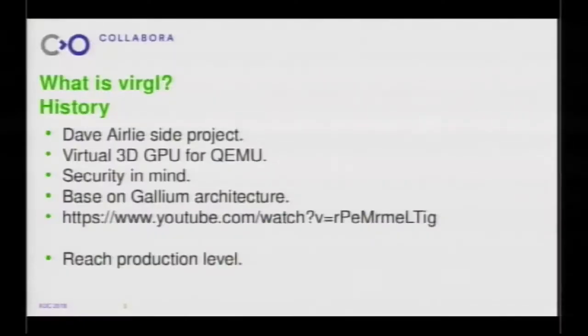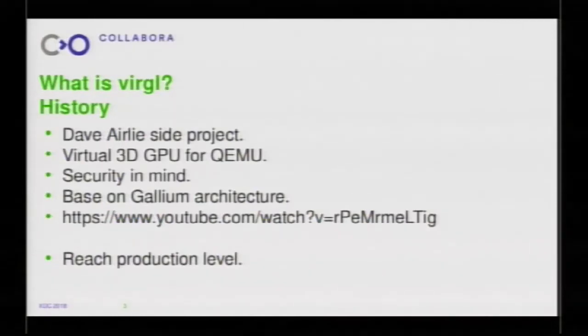First, virgl is a project for 3D acceleration in qemu. This project started with David Airlie 4 or 5 years ago. He wanted to have security and 3D acceleration in qemu, and it's based on Gallium.